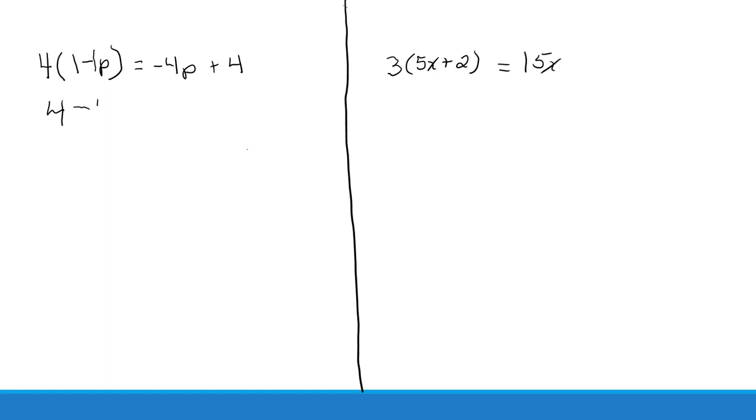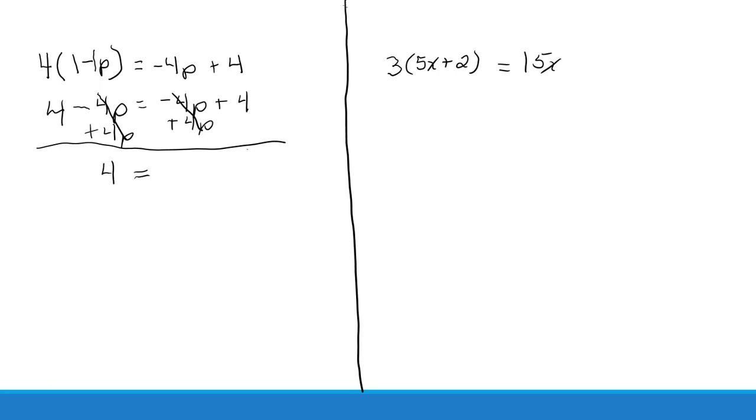So I'd have minus 4p is equal to negative 4p plus 4. So the first thing I'm going to do is add 4p to both sides. When I do this, I will actually cancel my 4p's on both sides, and I have 4 is equal to 4.